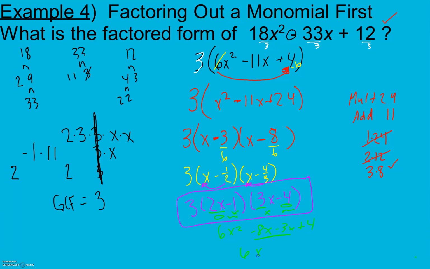Combine my like terms. And now I'm going to multiply that whole thing by my 3, and I distribute that in. So I get 18x squared minus 33x plus 12, which checks in our original. So this answer is correct.